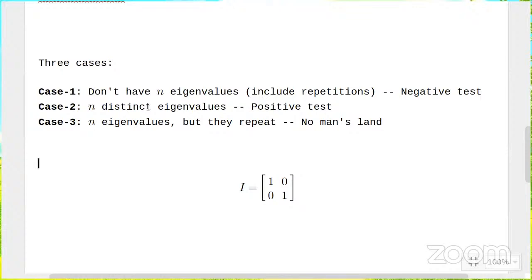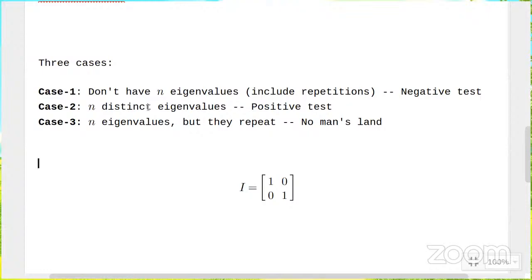I think she is saying that in case 3, like the example you gave, it clearly concluded that if there are repeated eigenvalues, we cannot find two linearly independent eigenvectors. So why don't we take this as a conclusion? Why are we saying this is a no man's land?